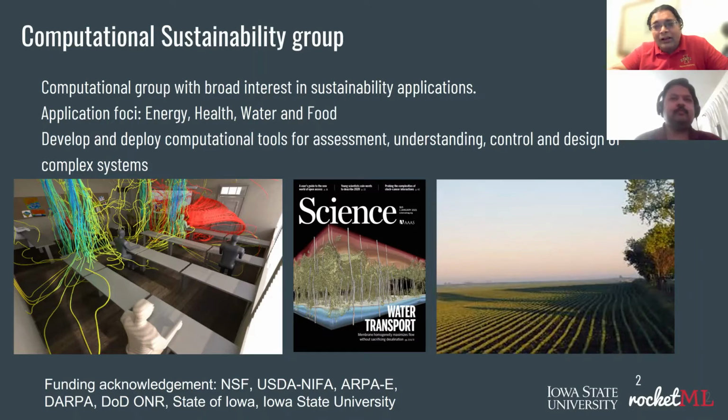The figure in the middle shows some of our recent work on developing computational methods that can help assess and help us design new materials that can be used for better water desalination. And the figure on the right is the focus of this application presentation, where we look at machine learning and deep learning tools applied to food and agriculture.